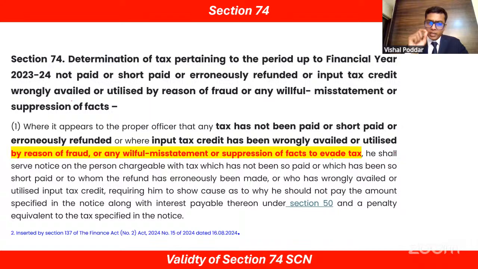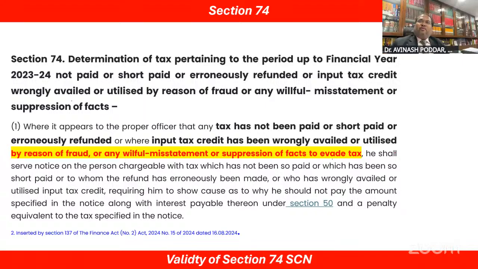So it means they are covering erroneous refund, but only of the tax portion. Okay. So this brings me to raising another question to myself: if an input tax credit is being availed, you are saying that the moment it gets availed, it becomes ITC, it is no more tax. Right?